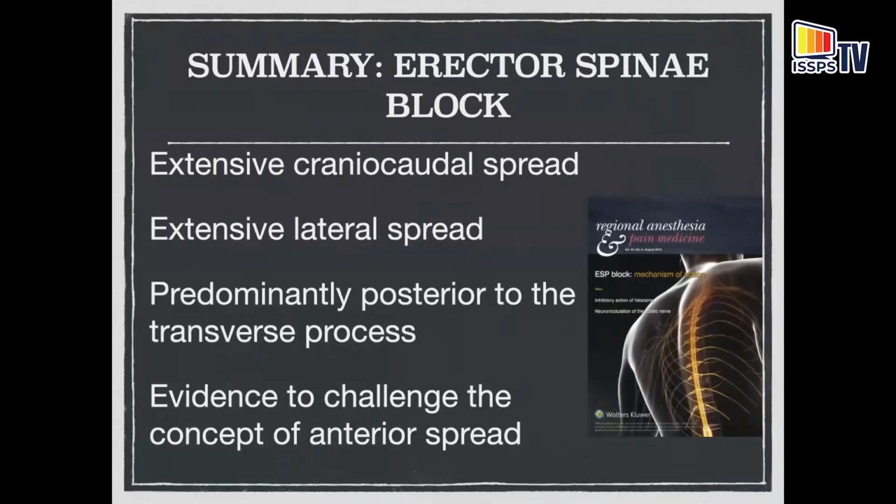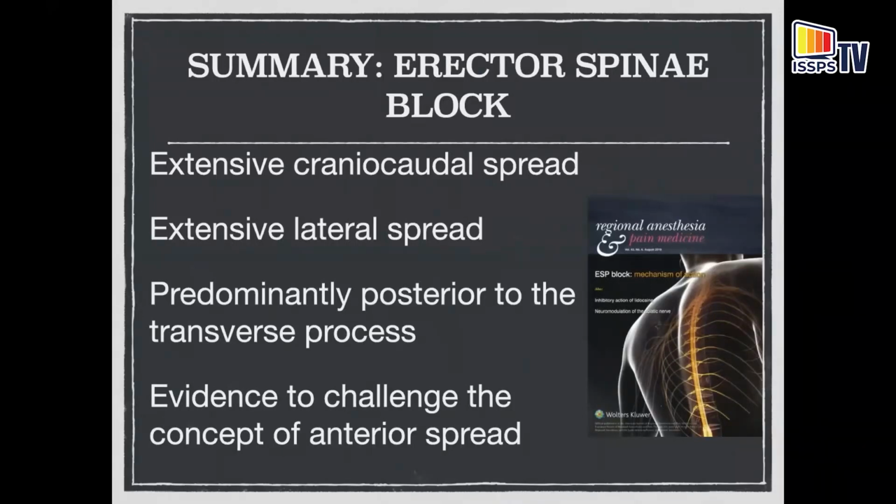But my observation from our own work and reading the anatomical and clinical studies is that the extent of the variation concerns me, and I'm more confident to say that this block extends posterior to the transverse process, and there's sufficient evidence to challenge the concept that Erector Spinae block results in blockade of the ventral rami.